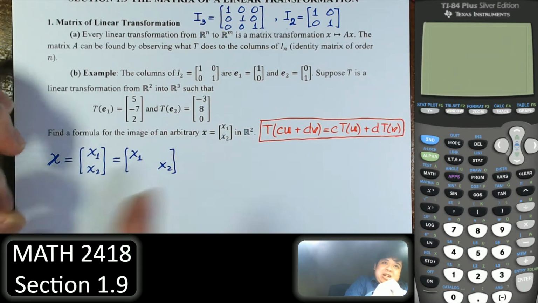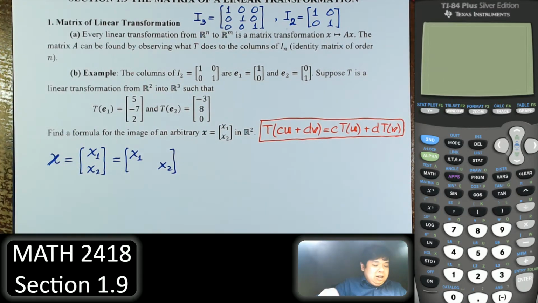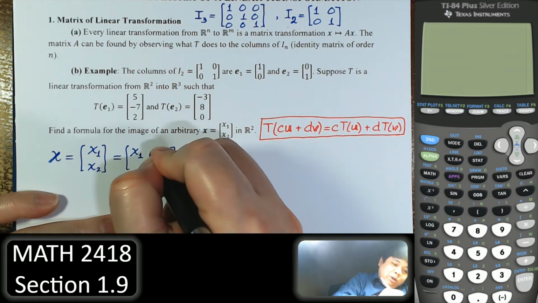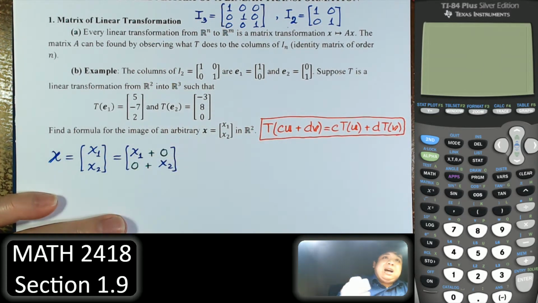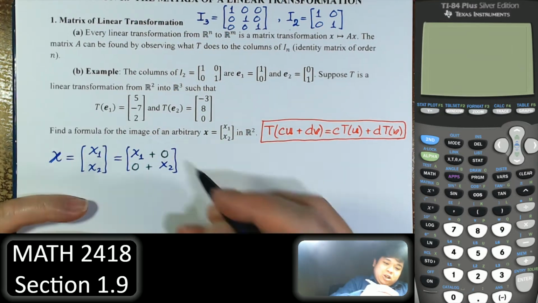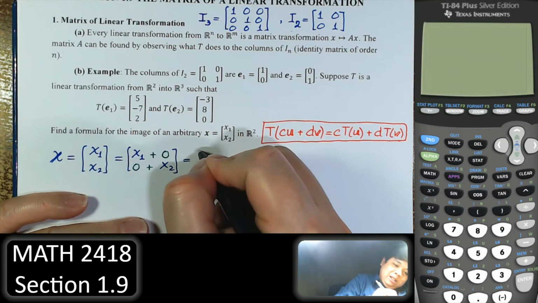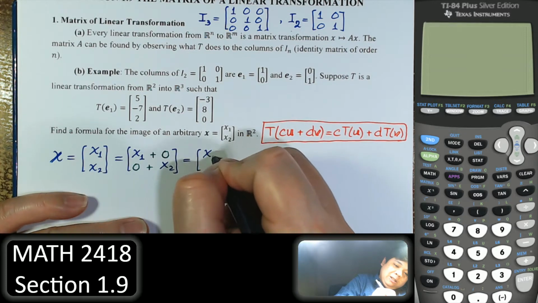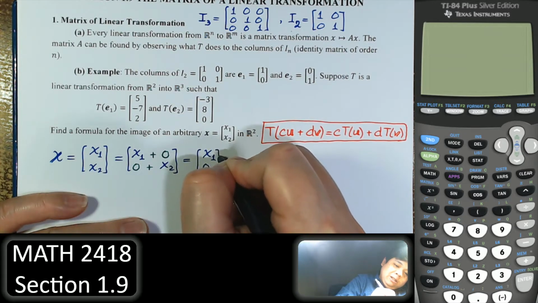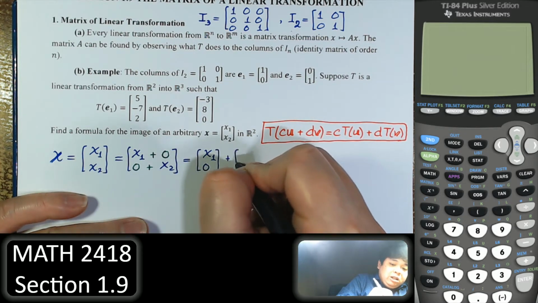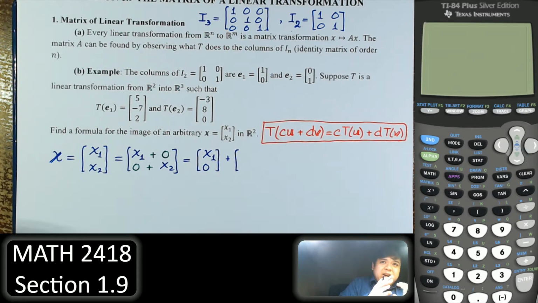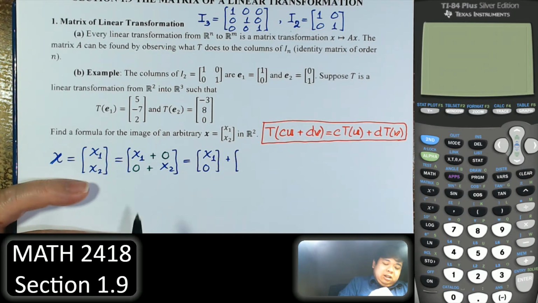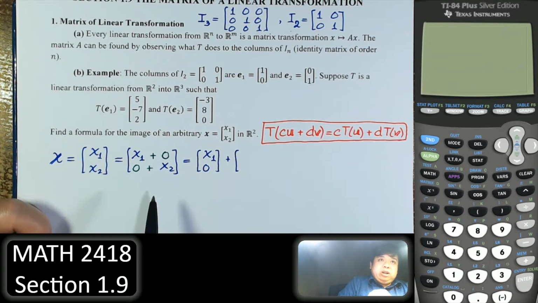And then we can split that as a sum. We can just add 0 here, so we can split this in 2. Actually, we did this in a previous section when we wrote a solution in the parametric form.